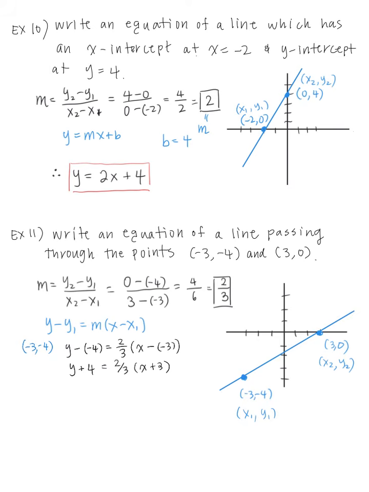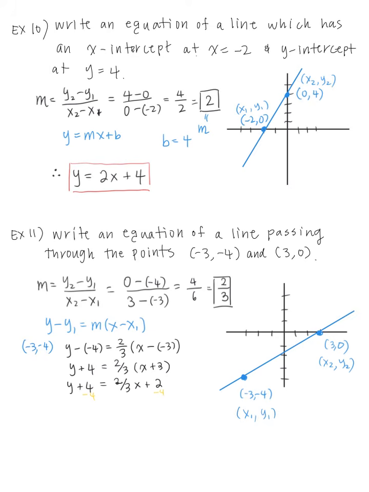Now let's solve for y, making that into slope-intercept form. Let me do this step by step. You have to first distribute the 2/3 to each term. Then you're going to have 2/3 x, and then plus 2/3 times 3, which is just 2. Subtract 4 from both sides.